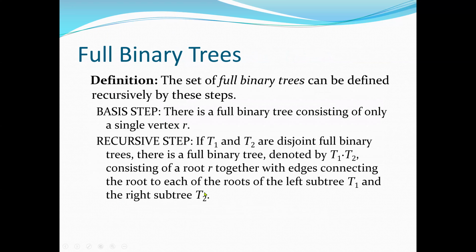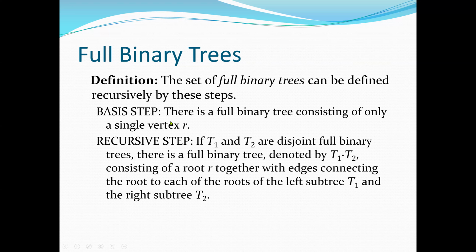So we also have the full binary tree, as we said. A set of full binary trees can be defined recursively by these steps. So we saw these two steps. There's a full binary tree consisting of only one single vertex R. So in the smallest unit, we should have only one vertex, which is the root.